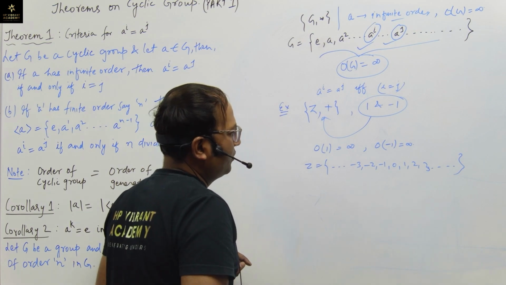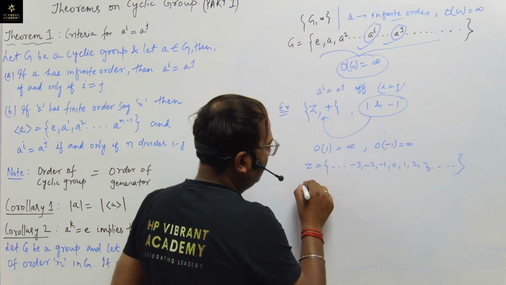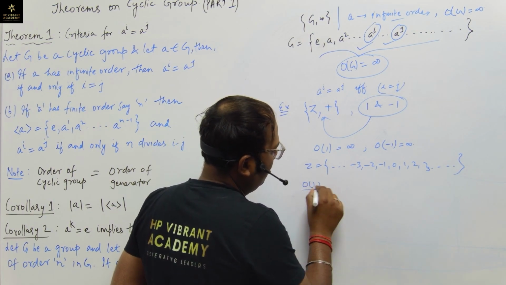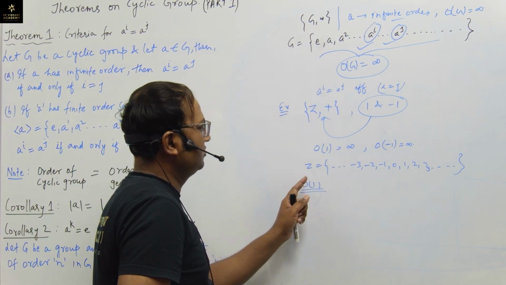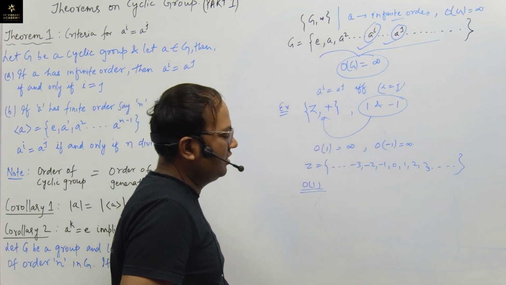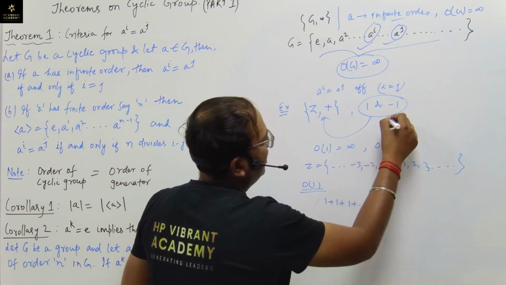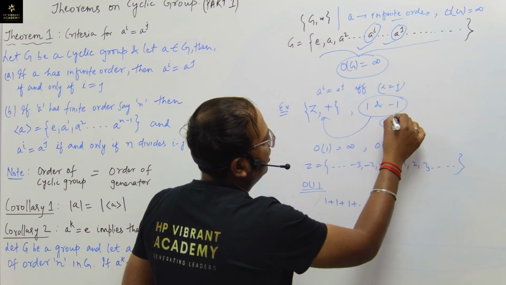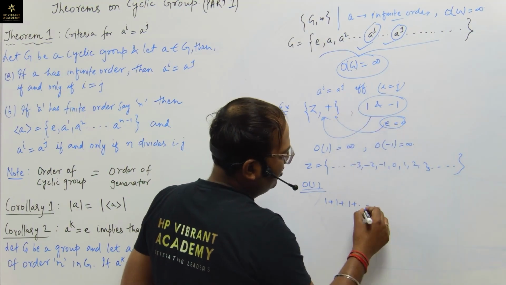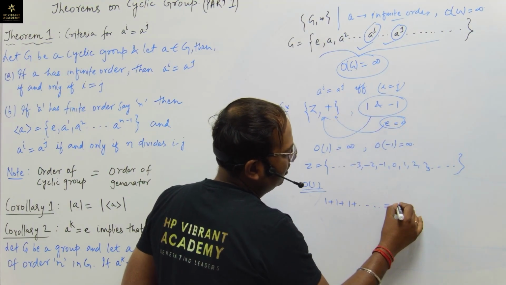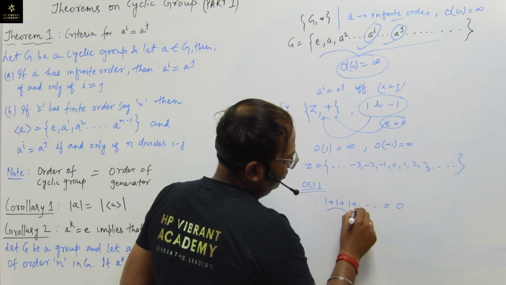Let us find the order of 1. How many times do we have to operate, how many times do we have to repeat 1? Here the identity element is 0. The identity element of this group is 0. So how many times do we have to repeat 1 to get 0? Infinite times.